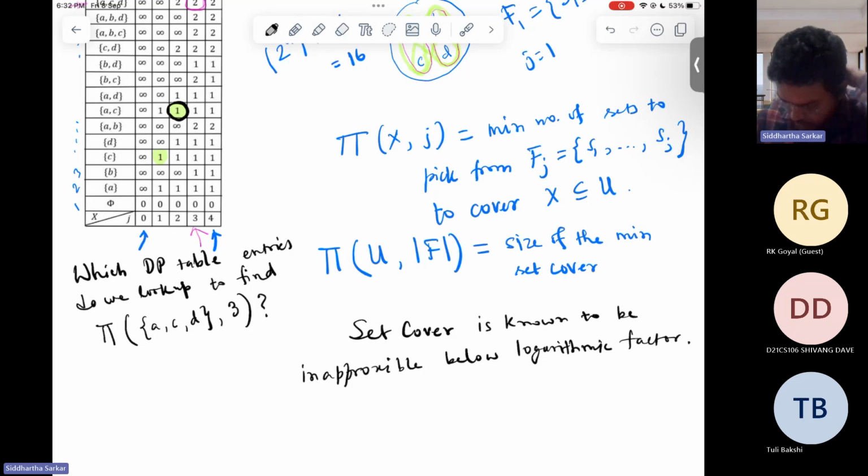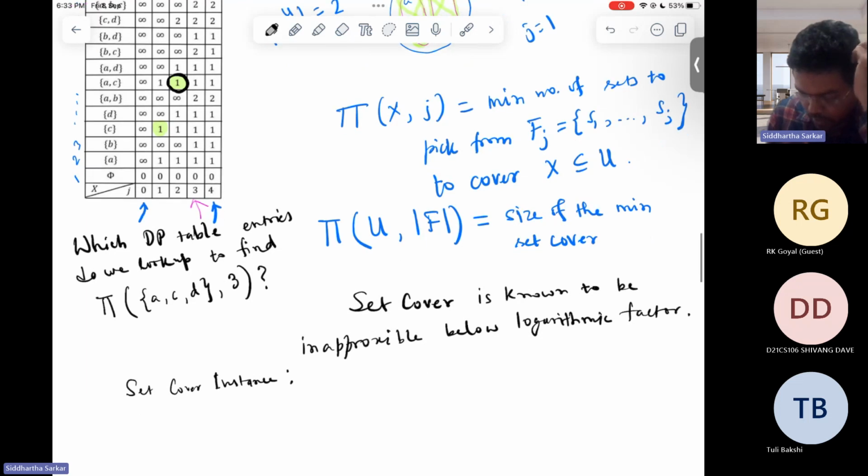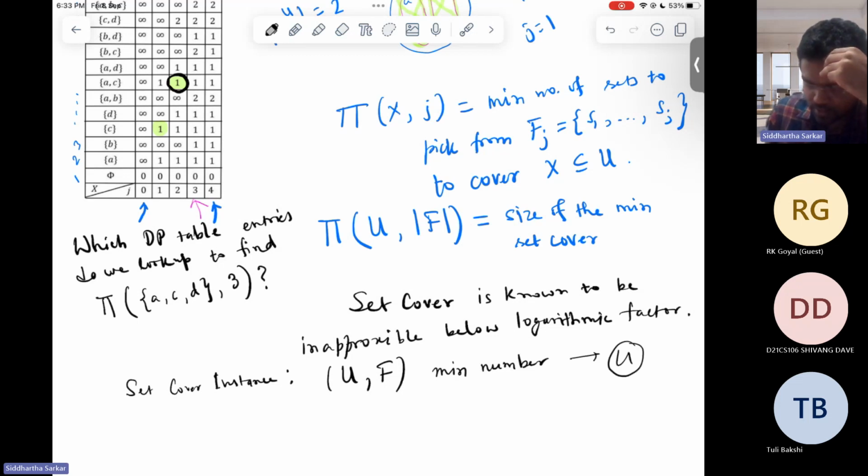Let us say for a given instance, a set cover instance is nothing but a universe U and a family of sets formed from the universe. In the optimization version, you are asking what is the minimum number of sets you want to pick from F so that U is covered, right? Let us say that the optimal number of sets is OPT.